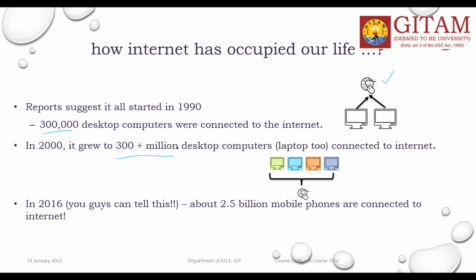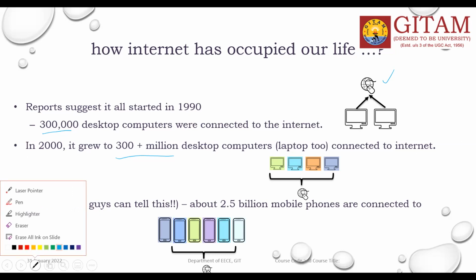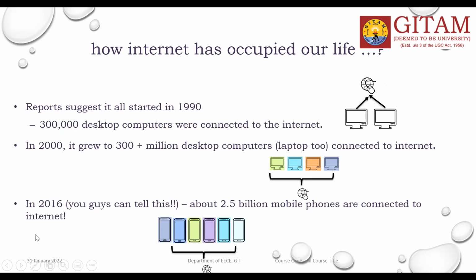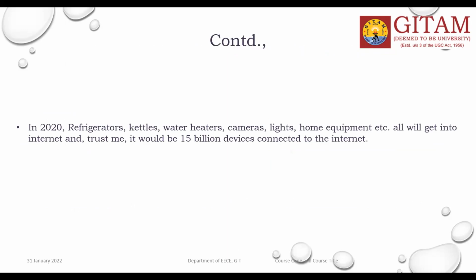So in the 2016 reports, 2.5 billion mobile phones are connected to the internet. First the internet was available only to desktop computers, later it was extended to laptops, later so many gadgets.